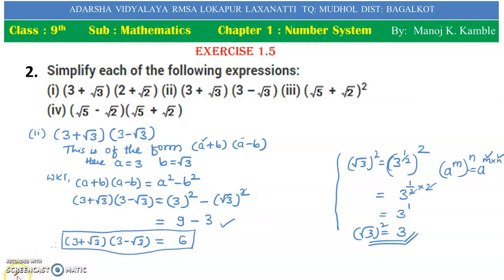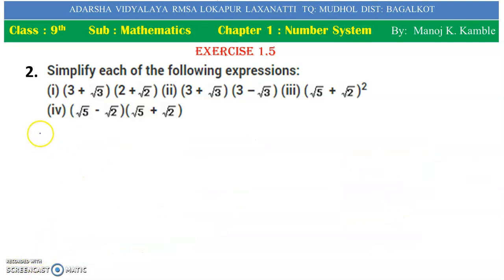Next, Roman 3. So what is it? Into the bracket root 5 plus root 2 whole square.